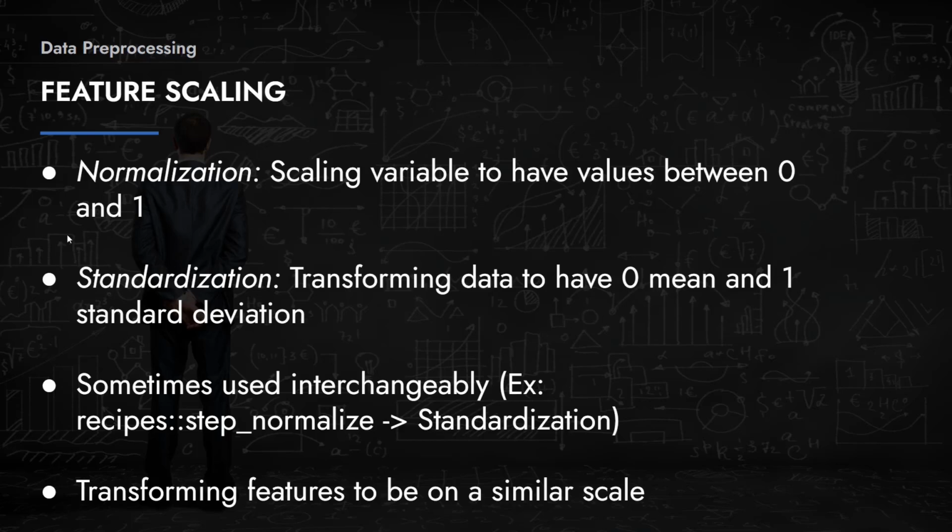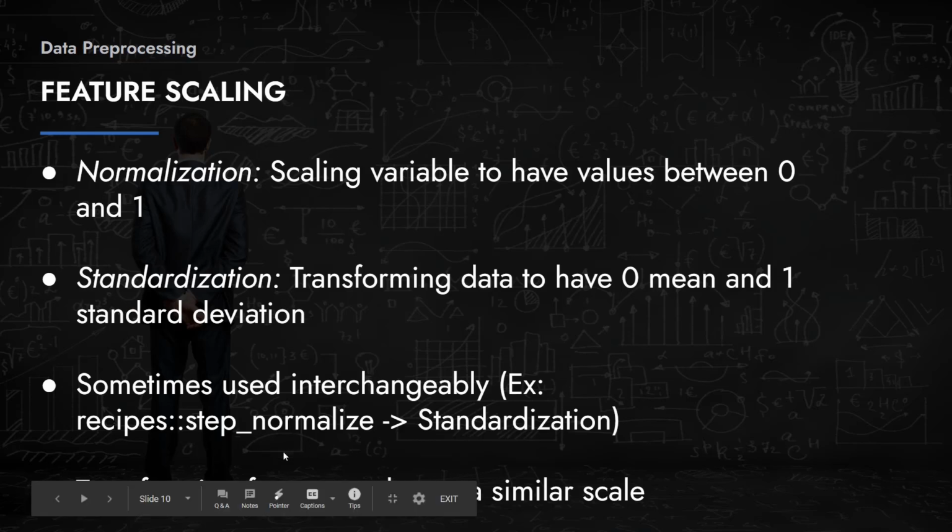At the end of the day, what matters is that all your numerical variables have some bounds, and they're not all over the place. One of them is in the negatives, and the other one is in the positives, and one of them has large numbers, the other one has very minuscule numbers. You want them all to share a similar scaling. Normalization and standardization are sometimes used interchangeably. For example, in the recipes package, there is no standardization function.